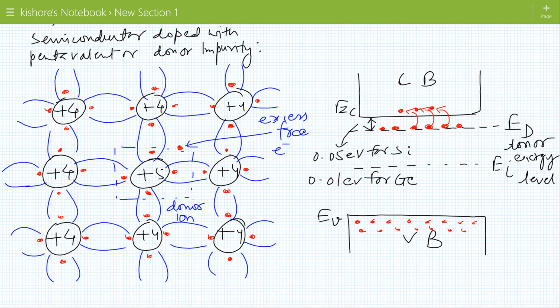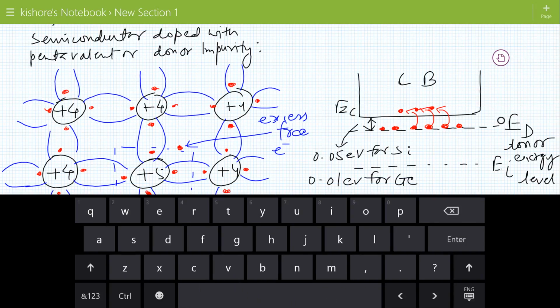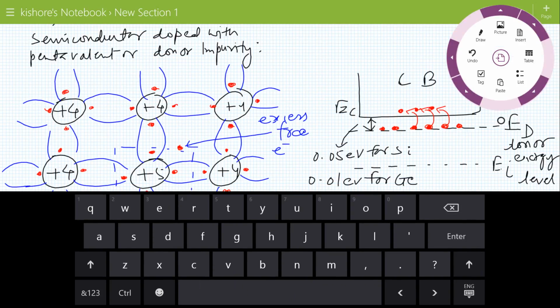So the semiconductor is called N-type semiconductor because electrons are in majority.